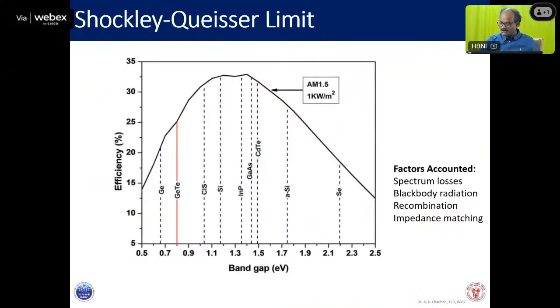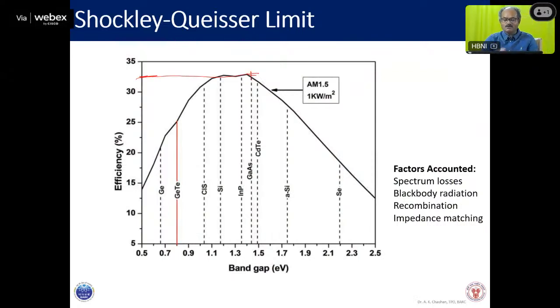So after calculating all these losses, Shockley and Queisser came out with a very famous paper, and they gave the Shockley-Queisser limit for different materials. So for gallium arsenide, if you consider all the losses, the maximum possible efficiency that can be achieved is only this much.